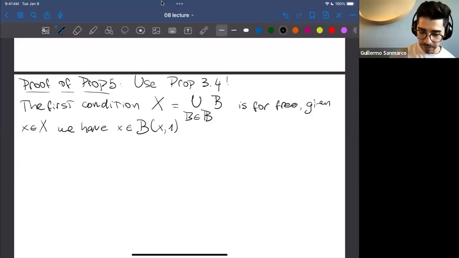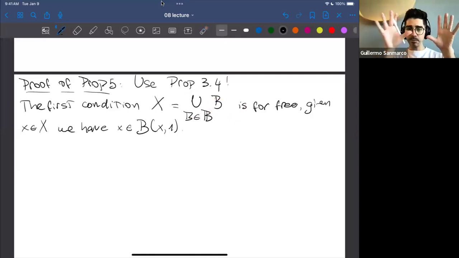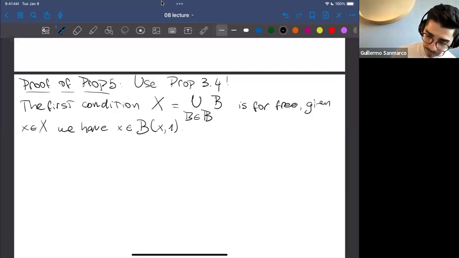The complicated part here is the other one. So this other condition is you take two basic sets, you intersect them, and you take something on the intersection. Then you should be able to include a ball in the intersection. So the picture is something like this.